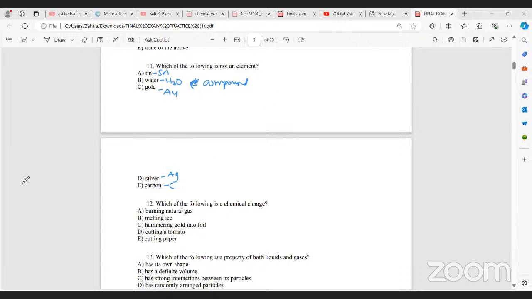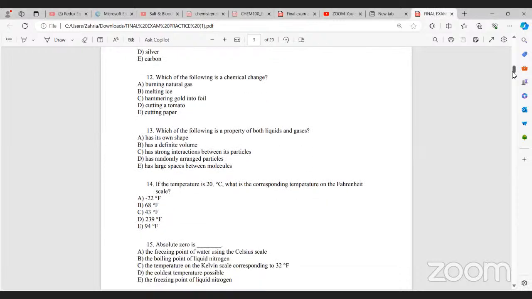All right. Number 12. Let me scroll that up so you all can see. Which of the following is a chemical change? Remember, if you cannot revert it back to its original state, that is the idea that you should go by for a chemical change.